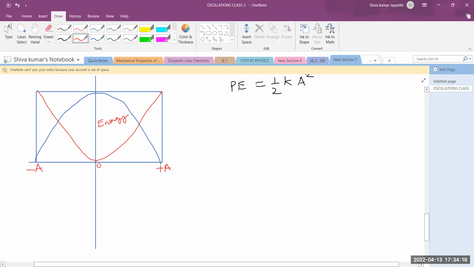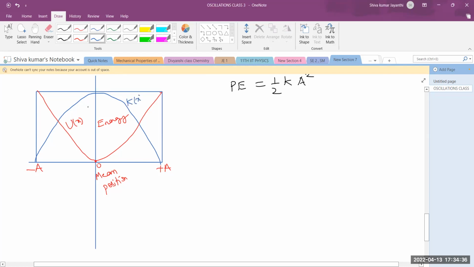At 0 means mean position. This is its mean position, is it or not? At mean position, what happens? This red line, what I told you about the red line? Potential energy line, U of x. Blue line, kinetic energy line, K of x.